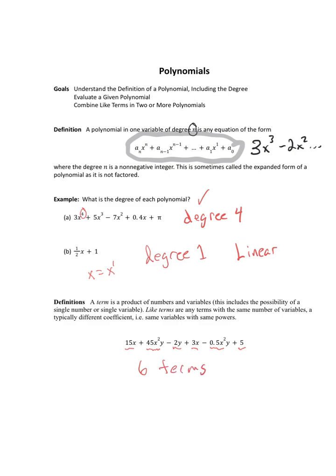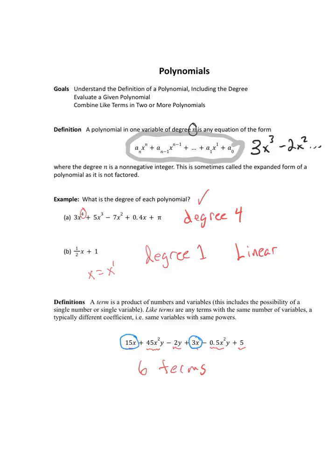Okay, and if you're talking about like terms, that would mean that the variable parts are exactly the same. So that means that they would have the same variable and the same exponent. Okay, so I'll circle with the same colors. The 15x and the 3x would be like terms because they have the same variable part.